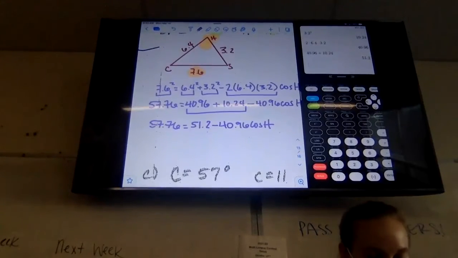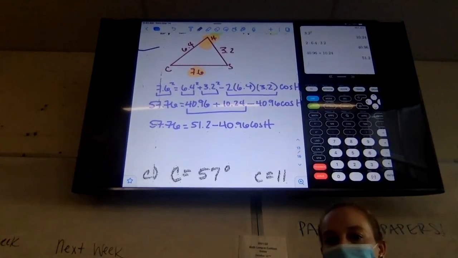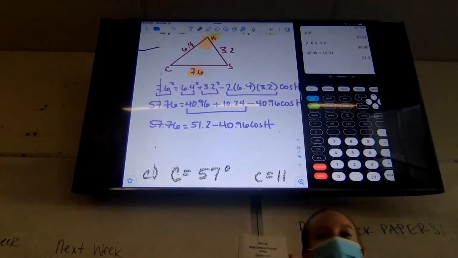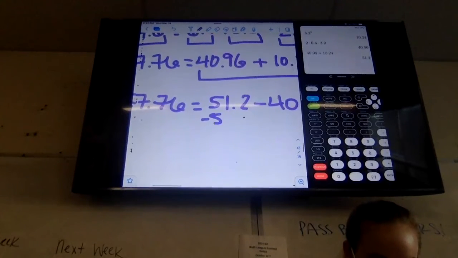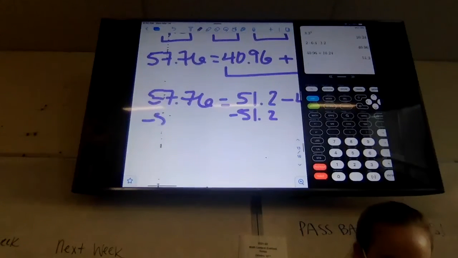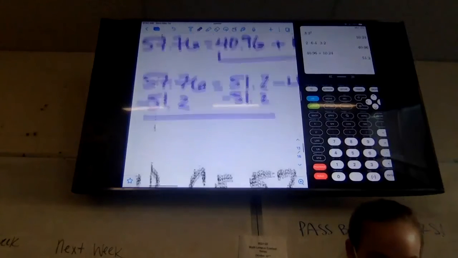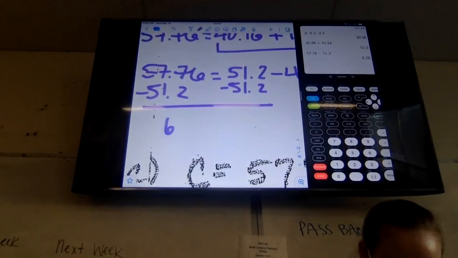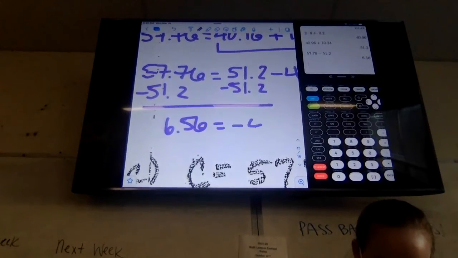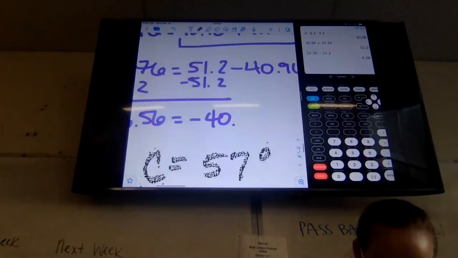At this step, we usually knew we could not combine it with the 40.96, but before I let my brain even think I can combine it with that other 40.96, I'm going to subtract my 51.2 from both sides. 57.76 minus 51.2 gives me 6.56 equals negative 40.96 cosine h.